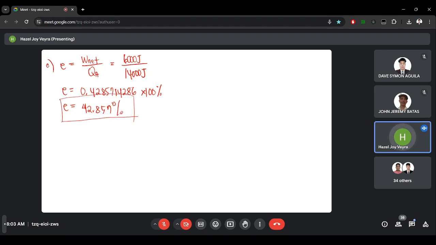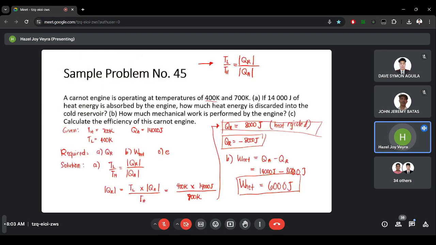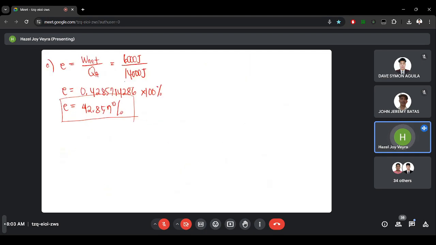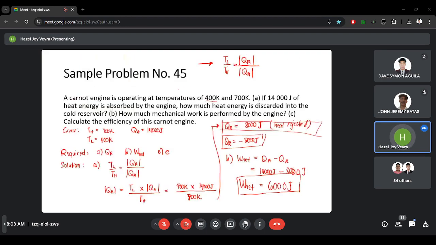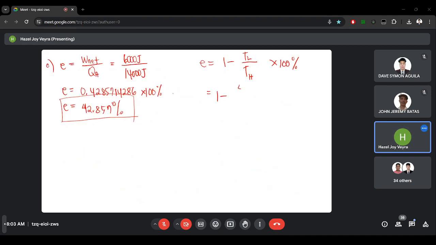Let us also try to use, class, the other formula, with TH and TL. So we can have it as 1 minus TL over TH. Let us substitute. This is 1 minus, what is our TL? This is 400 Kelvin over high temperature 700 Kelvin.